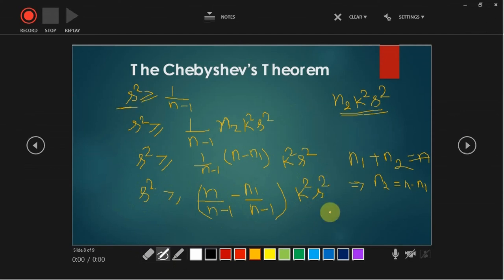So since s square is a positive number, this can be cancelled from both sides without inverting our inequality sign.